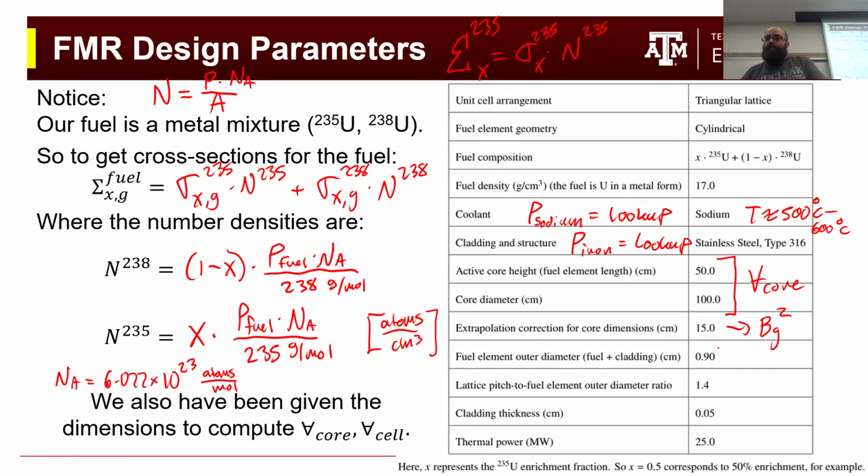And then this information right here is used for the volume of your cell and the volumes of your regions. And then I give you a power as well. So hopefully that helps us get a better understanding of the information that we have and what parts of the problem it's going to be used for.